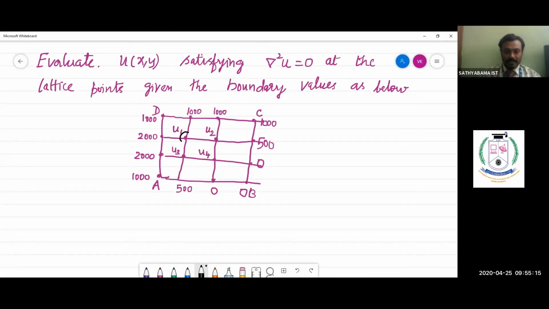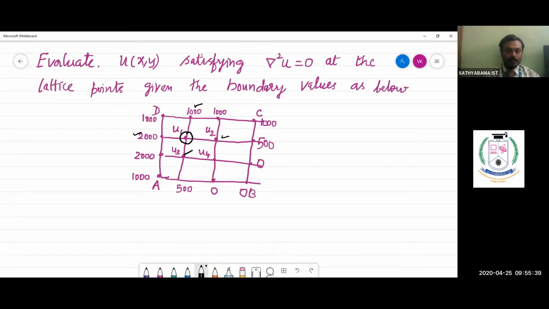If you take this U1, the formula involves 1000, the point above, below, point to the left and point to the right. But the values U2 and U3 are not known. So we get a linear equation. So these things are given in the question.